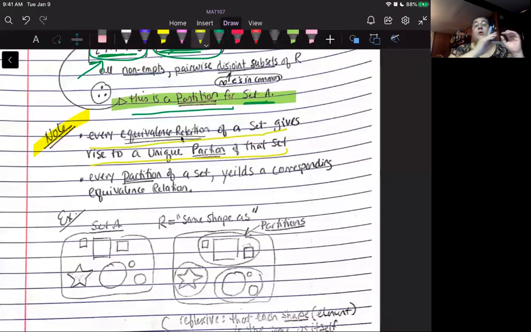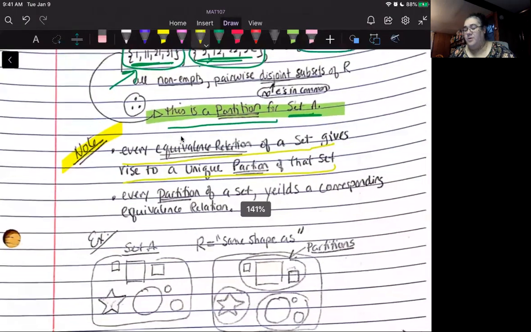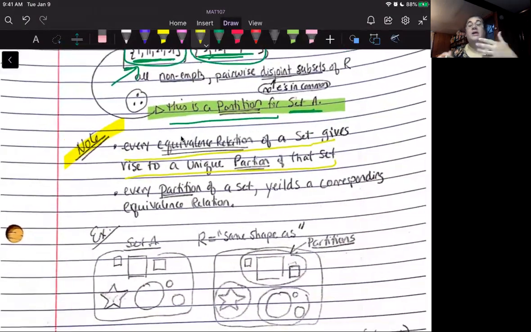So equivalence relations have this sort of default result, or collateral result.